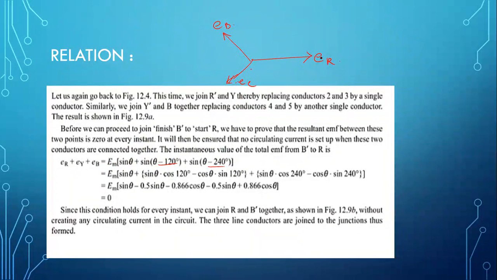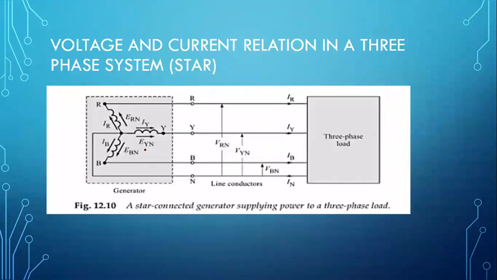The maximum value we take is the same, but with corresponding angles: 120 here and 240 here, and going this side, this is 120. It depends on whether you take clockwise or anti-clockwise direction. Finally, the resultant is 0, which means this is a balanced system.